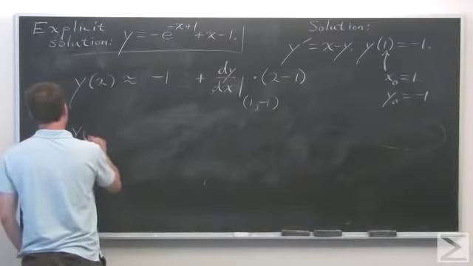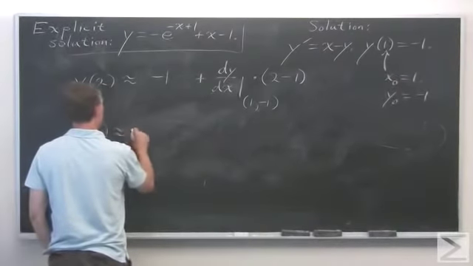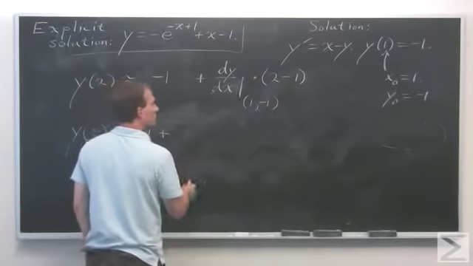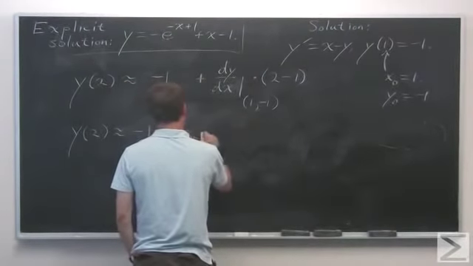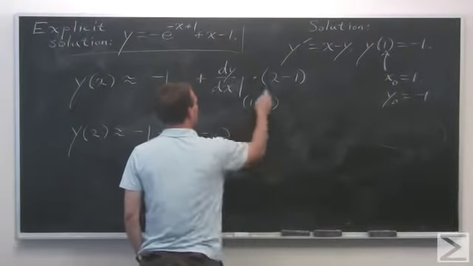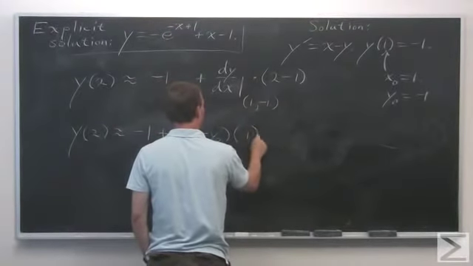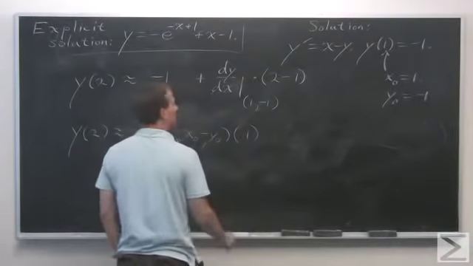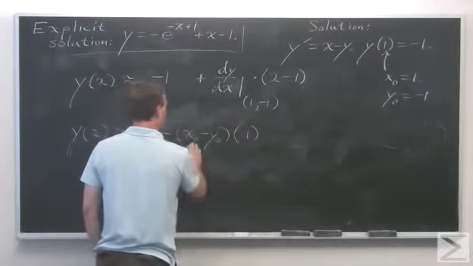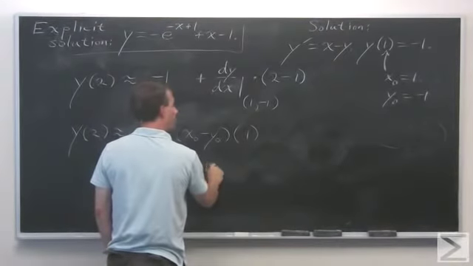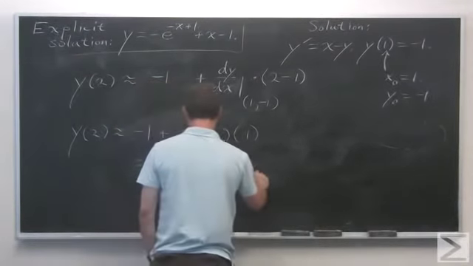We get that y at 2 is approximately minus 1 plus x naught minus y naught times this change in x, which is just 1. So this is minus 1 plus, x naught minus y naught, which is 1 minus minus 1.